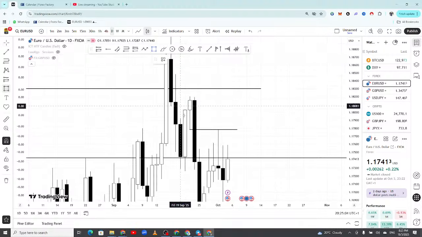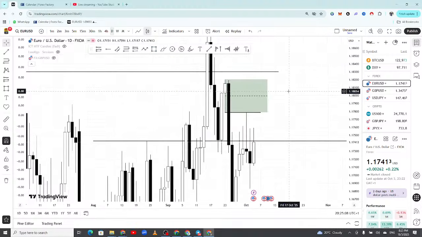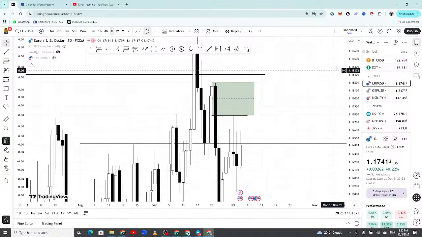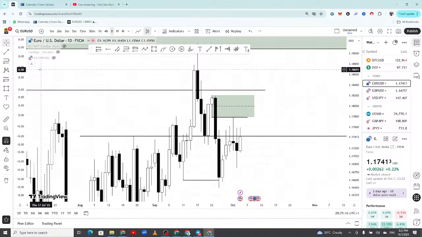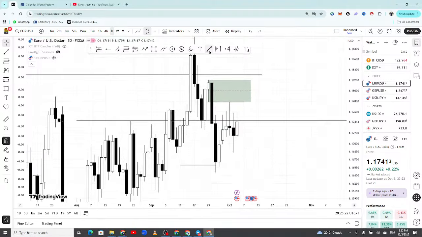Price has traded right into our other block, but DXY hasn't yet. And also, there's no fair value gap on Euro USD here, unlike what we saw on DXY, right? There's no average there, so there's a likelihood that this might just want to take out this high, we test this other block again, and then continue selling.